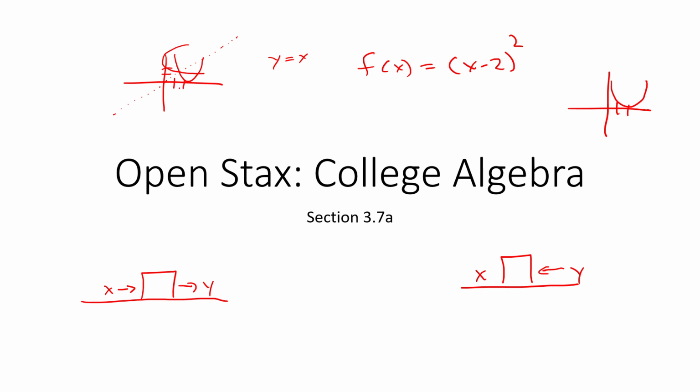Well, what's the big deal with this? If you try the vertical line test on this, it does not pass. So if your function like this is not one-to-one, when you fold it and try to make the inverse function, when you reverse the x's and y's, you won't have an inverse function because it is not a function at all. Okay, so now that's a quick overview of the big picture.